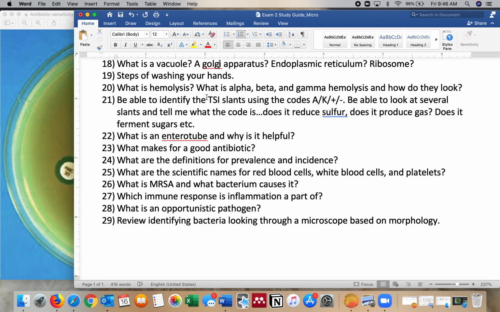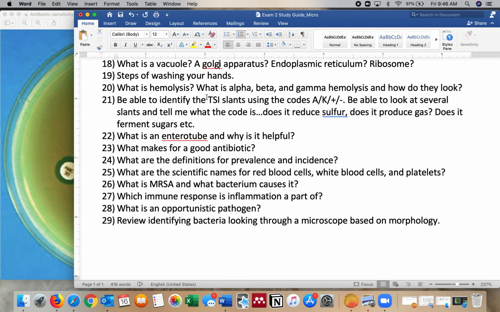What is a vacuole? What is the Golgi apparatus? So a vacuole is kind of like a bubble inside the cell, and it can have a variety of functions, but one of the types of vacuoles would be a lysosome, which is filled with free radicals.